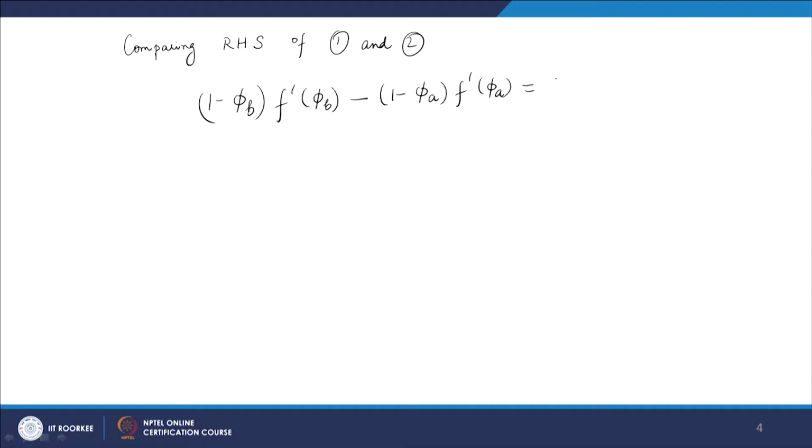So, now we have phi A F prime phi A minus phi B F prime phi B, and then this thing is equal to, so this will move on that side and we have cancellation of phi B here.